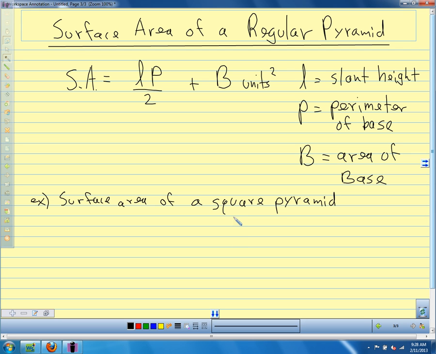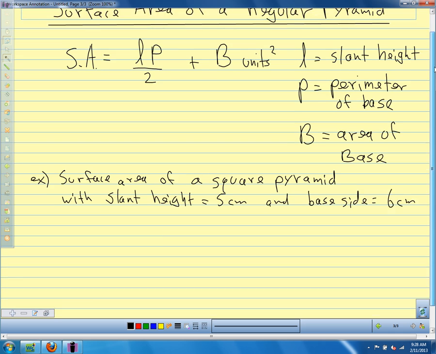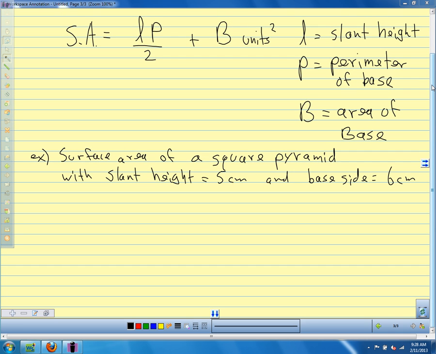So we have a square pyramid, our base is a square, with slant height of 5 centimeters and base side length of 6 centimeters. So this is our problem. We want the surface area of this pyramid.